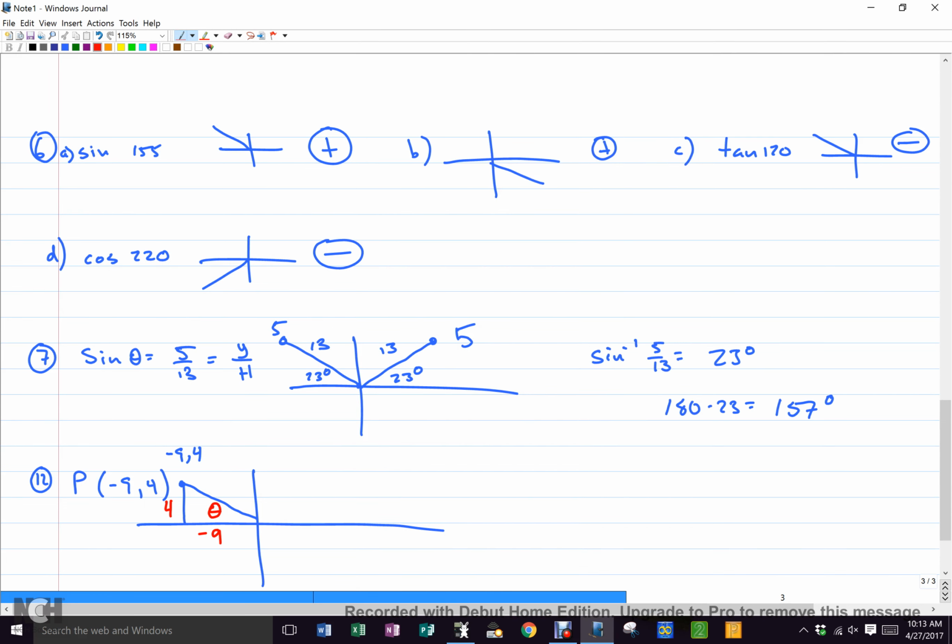So my reference equals 24 degrees, but theta equals 180 minus 24, which is 156 degrees. Let you guys look at that for a sec.